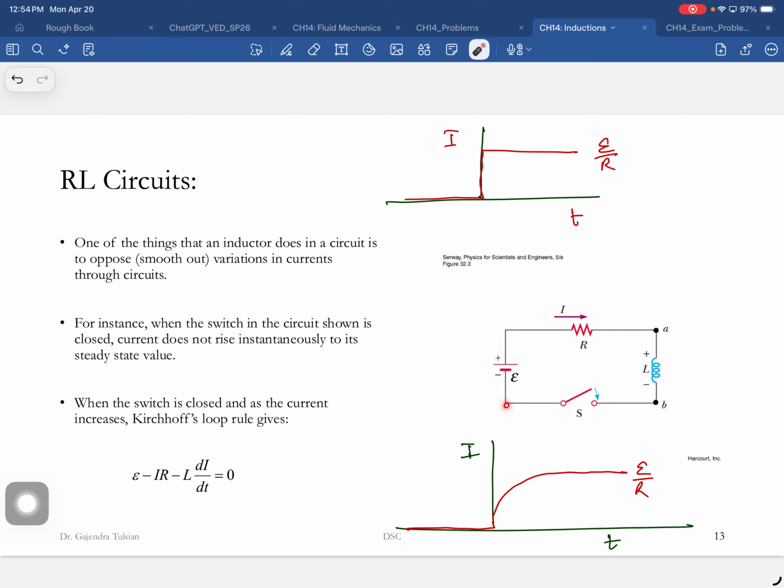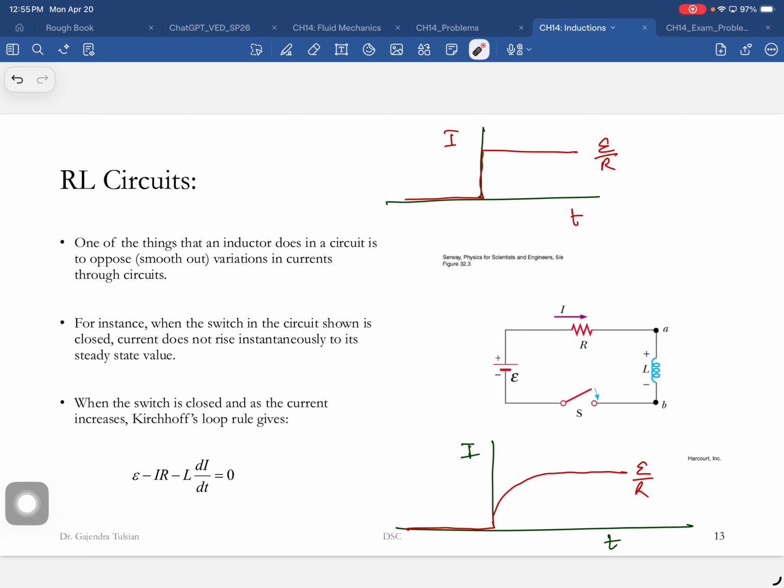So if we start here, when you go across the source, it's plus E. Then you're flowing with the current, so the change in voltage across the resistor is minus IR. And as the current is increasing, the inductor is opposing it. This end is positive, so when you go across it, the change is minus L di by dt.